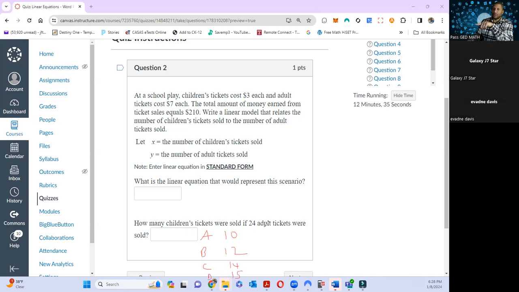How many children's tickets were sold if 24 adult tickets were sold? We know the original equation was 3x plus 7y equal 210. We identify 24 adult tickets, so that's y. So we get 3x plus 7 times 24, which is 168, equal 210.